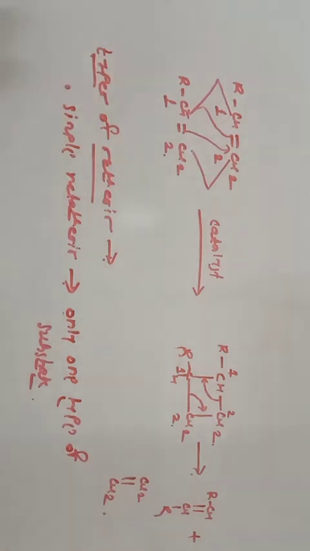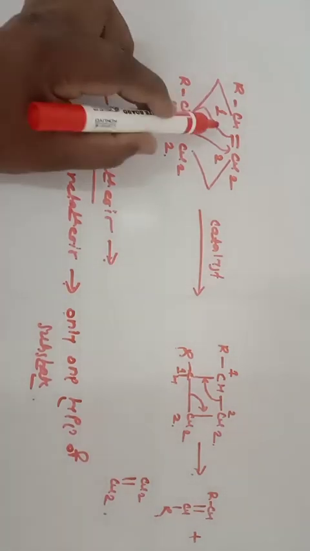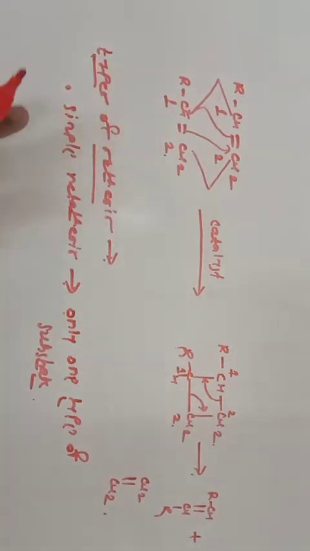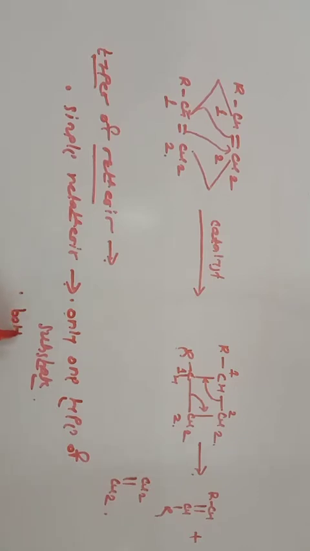Both alkenes are the same; in this case both are propene. Only one type of substrate is there, and we get both E and Z isomers. You should remember these two points.